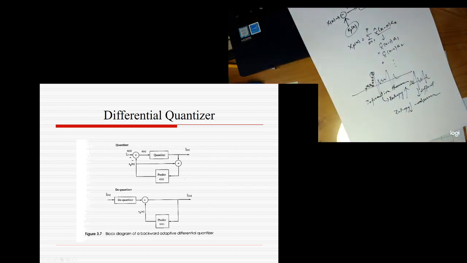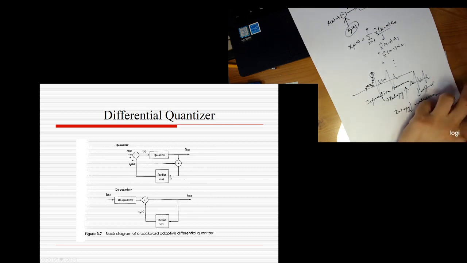The coming signal is subtracted by the prediction to get a residual signal. The differential signal goes to the quantizer, and we get an index. The index will be dequantized and summed with the original signal to do the prediction.